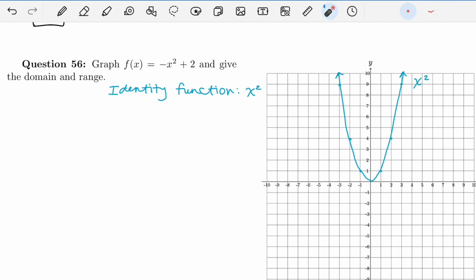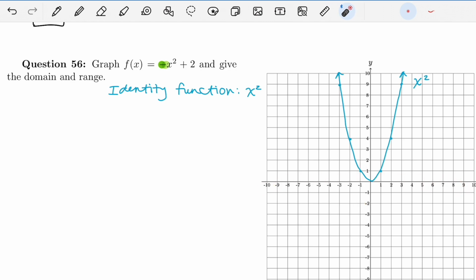So first things first, this minus here out front of our x squared tells us that we're going to reflect our identity function across the x-axis. So doing so, we can literally just take these points and reflect it directly across the x-axis here. So we'll do that in green. We'll have these points here. And so this in green here would be the function minus x squared, right?